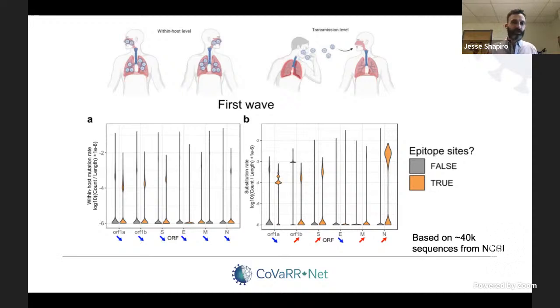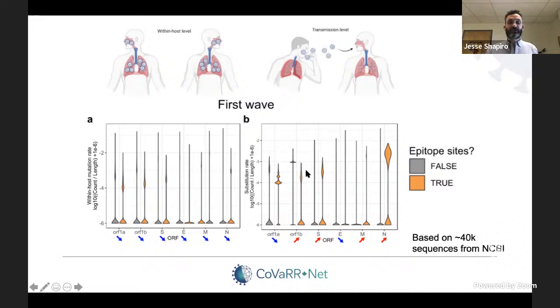You can see that in terms of within-host evolutionary rate, it's pretty similar within and between epitope sites. The blue arrows show that the rate is actually slightly lower in epitope sites. So there's some evolutionary constraint in the epitope sites, though not very noticeable.